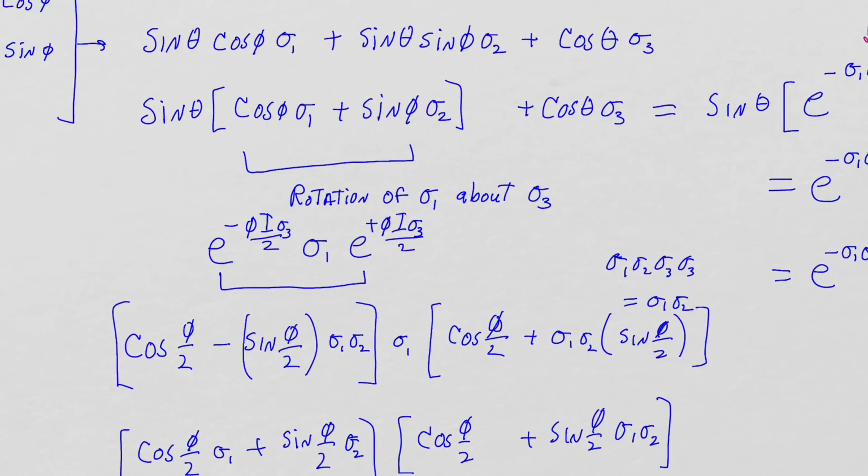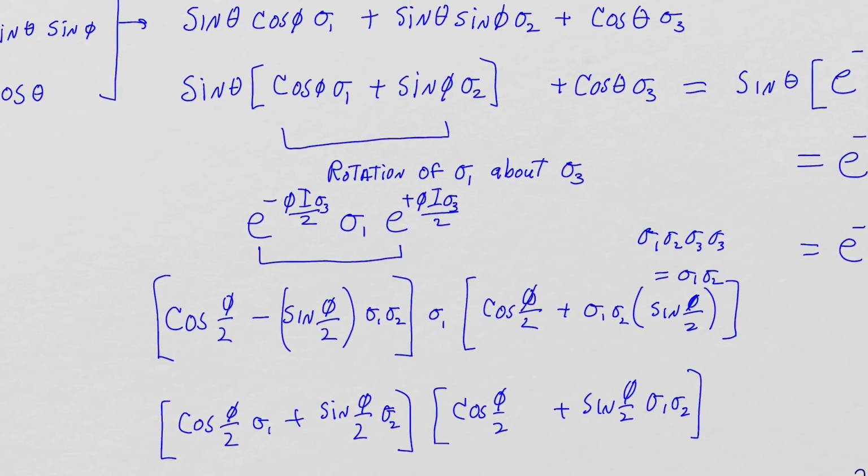But what I should recognize right away is that this piece here is actually the rotation of sigma 1 around the sigma 3 axis, right, which is a spatial rotation of sigma 1 about the sigma 3 axis.